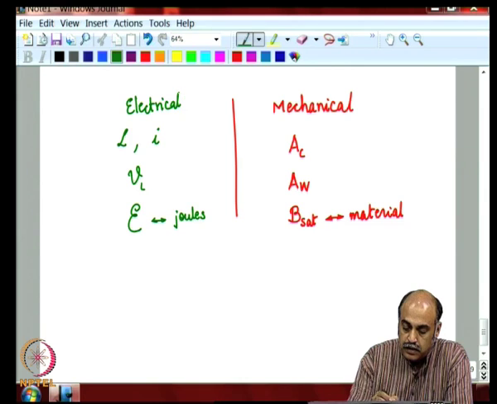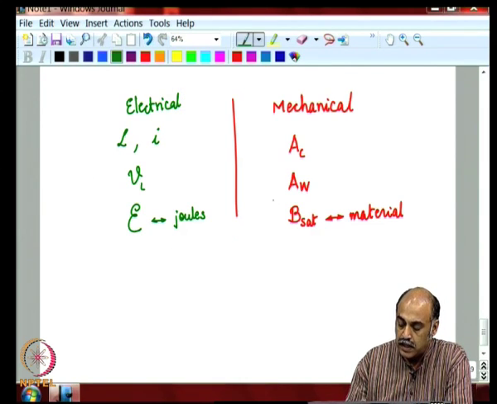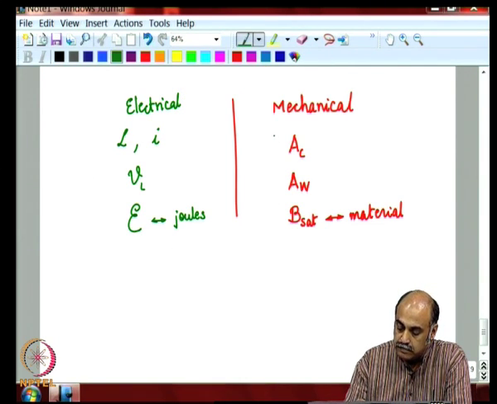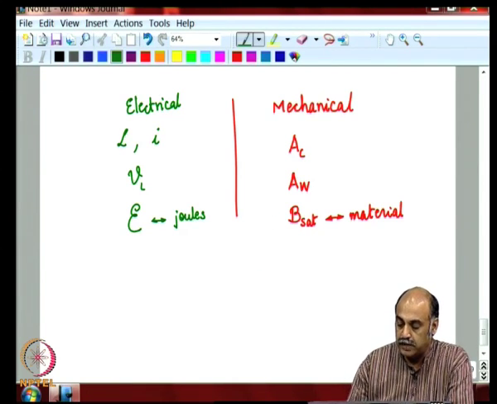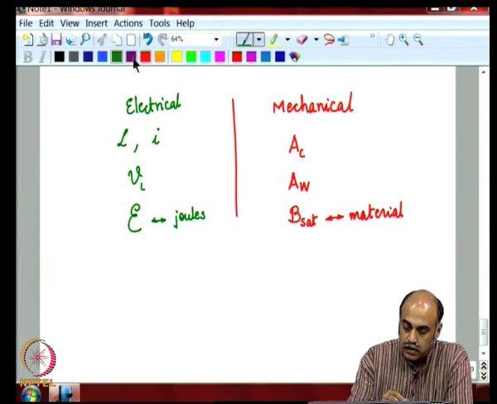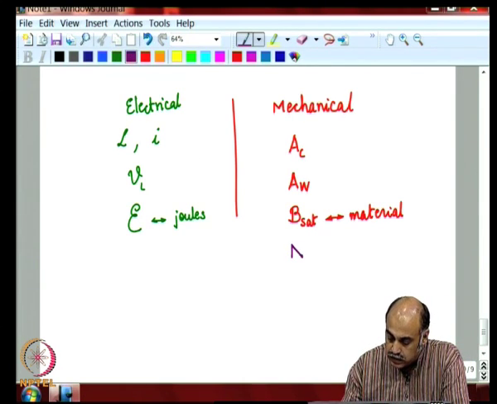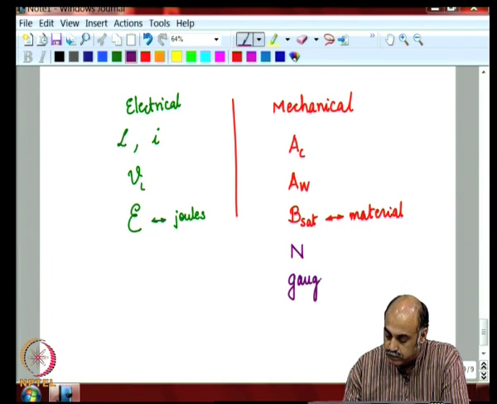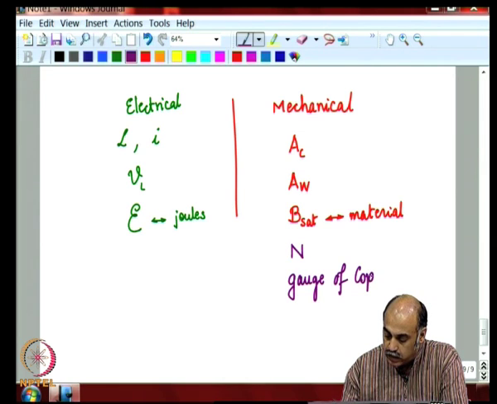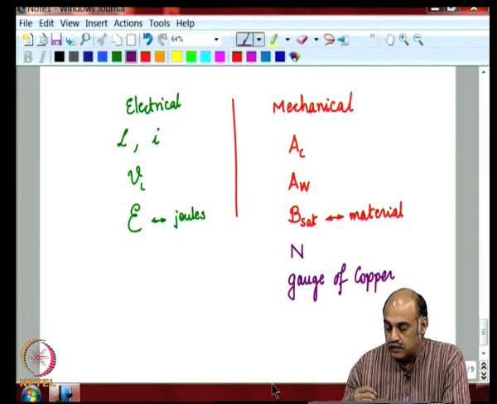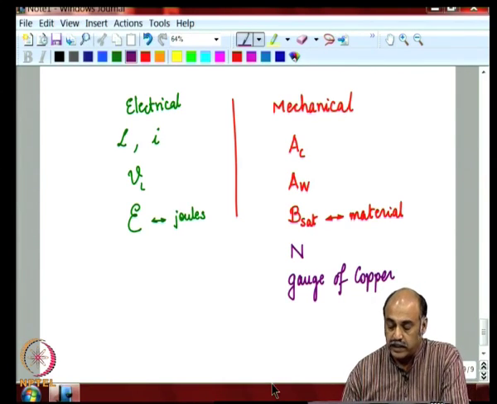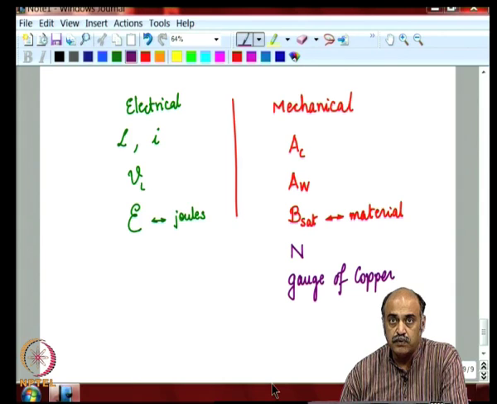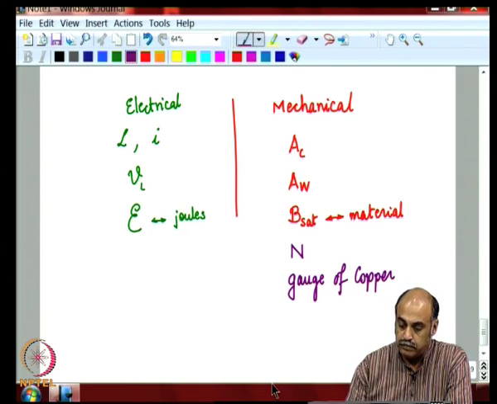Now, from the electrical parameters, we need to arrive at the physical parameters such that you can select a physical core for winding the material. Apart from this, we also need to know what is the number of turns, what is the gauge of the copper wire, that is the thickness or the diameter of the wire, which you need to wind. Now, these physical parameters we have to relate to the electrical parameters.